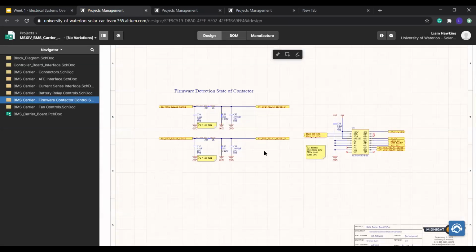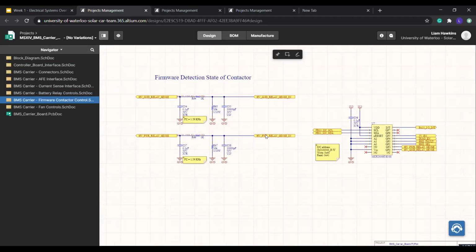So we also have, in the relays, an auxiliary connection that will detect when the relay contacts are closed, and so there's just a simple circuit here to sense the state of the contactors.